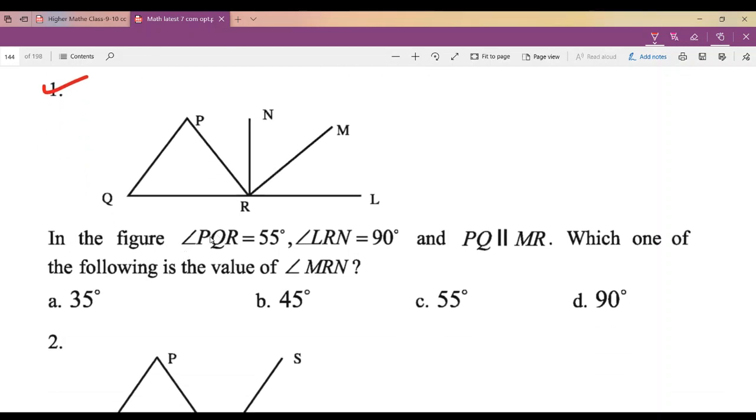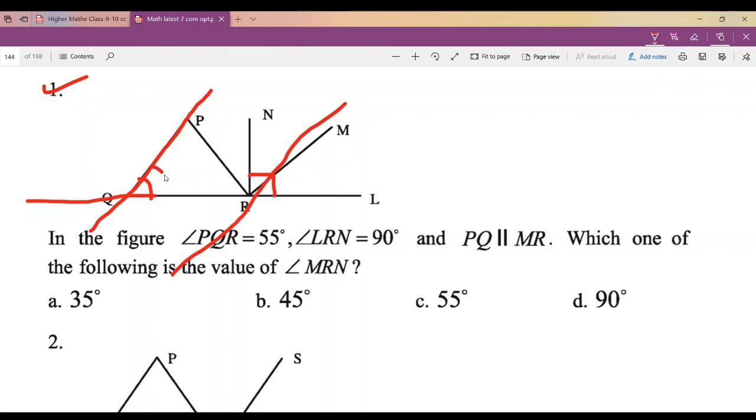In the figure, angle PQR equals 55 degrees, so this is 55 degrees, and angle LRN is a right angle, so this is 90 degrees. PQ is parallel to MR, and this QL is their transversal.